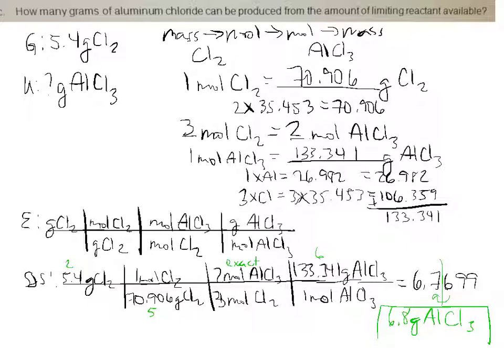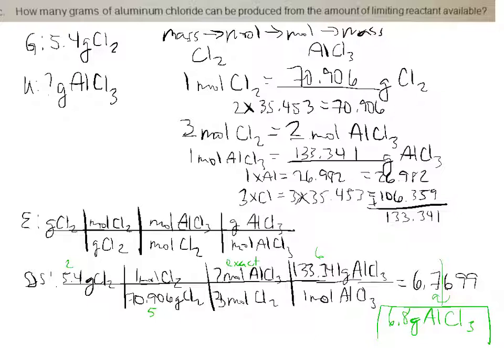So remember, for limiting reactant problems, you have to first make sure your equation is written correctly and balanced. Then you go from the mass of your first reactant into the mass of your second reactant to figure out which one is limiting. You compare the mass that you find, that's your needed mass, to the given in the problem.